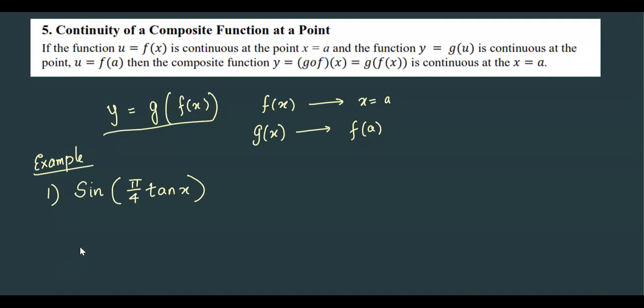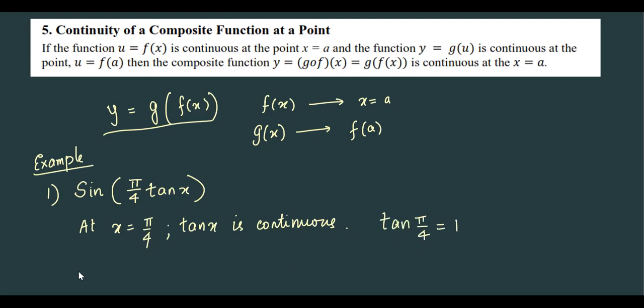All right. Now, at x equal to pi by 4, that is at 45 degrees, tan x is continuous. Tan x is equal to 1. It is a continuous function. In fact, tan pi by 4 will be equal to 1.